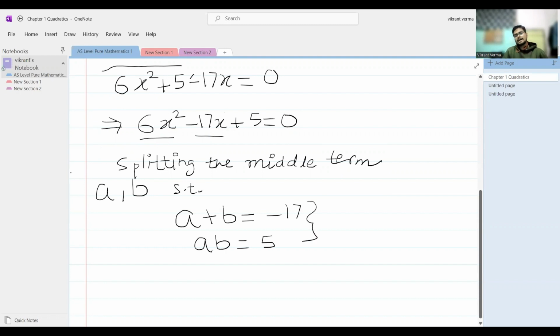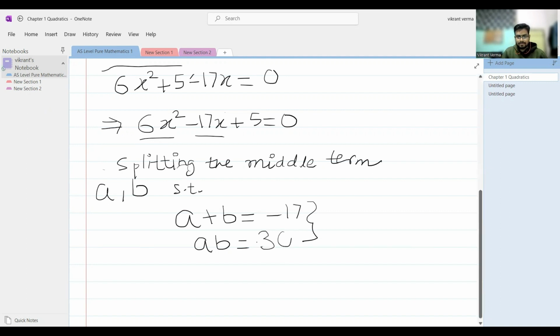Okay, so this is the criteria that when we add them, the value is minus 17, but their product, sorry, the product is not 5 actually. Let me choose. Okay, so the product should be 30.